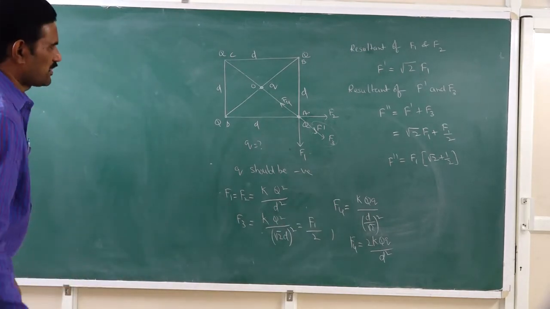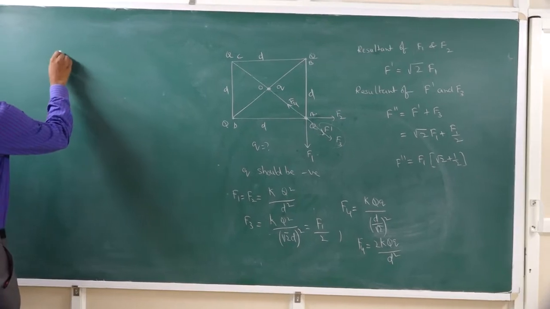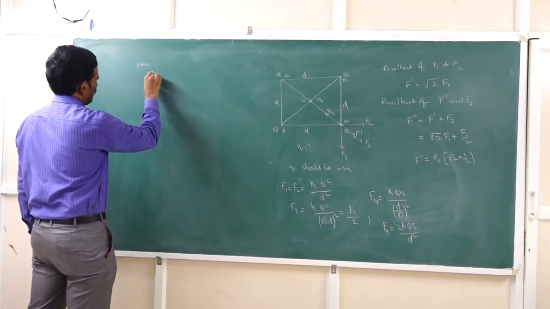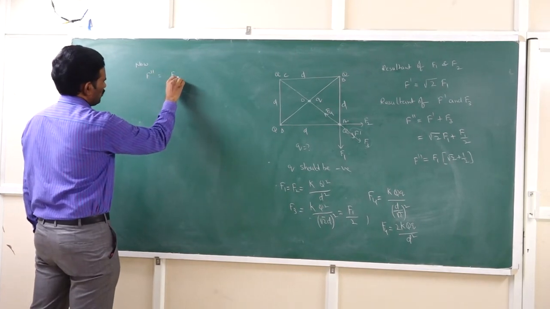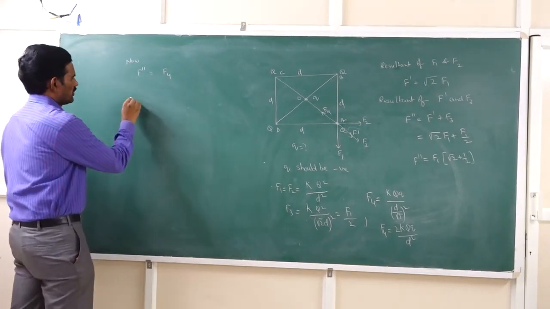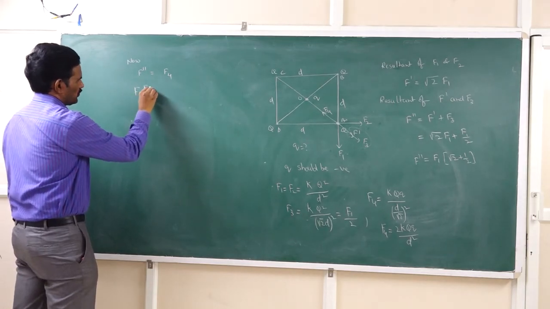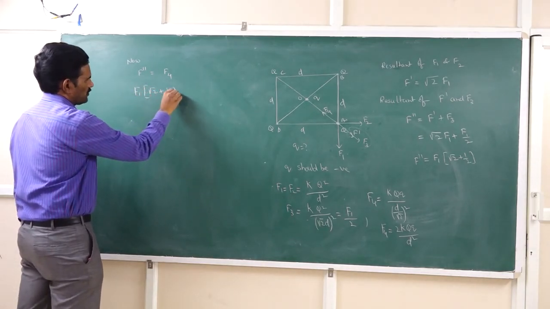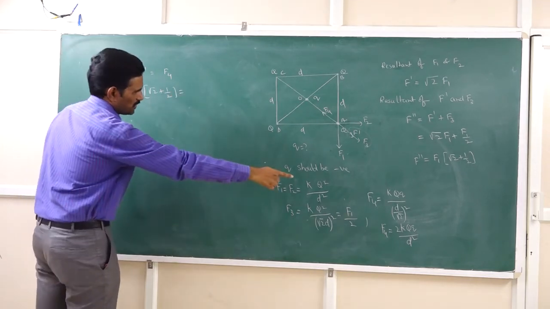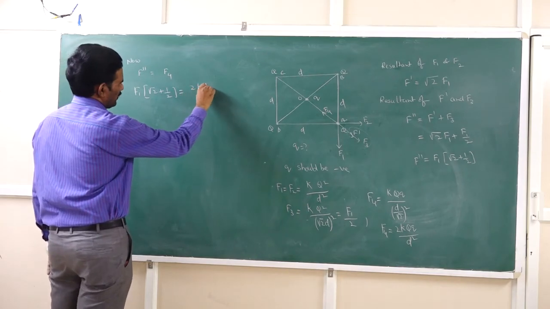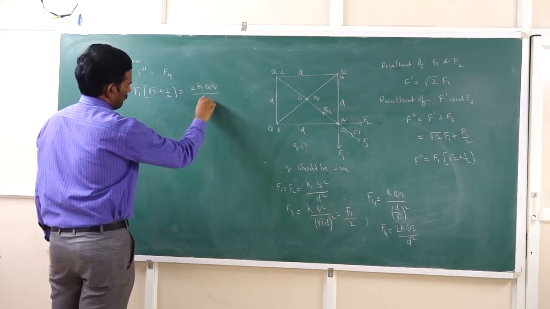So finally we can write F double dash must be equal to F4. F double dash is nothing but F1 into root 2 plus 1 by 2. This value is equal to F4, which we already mentioned, 2kq into q by d square.